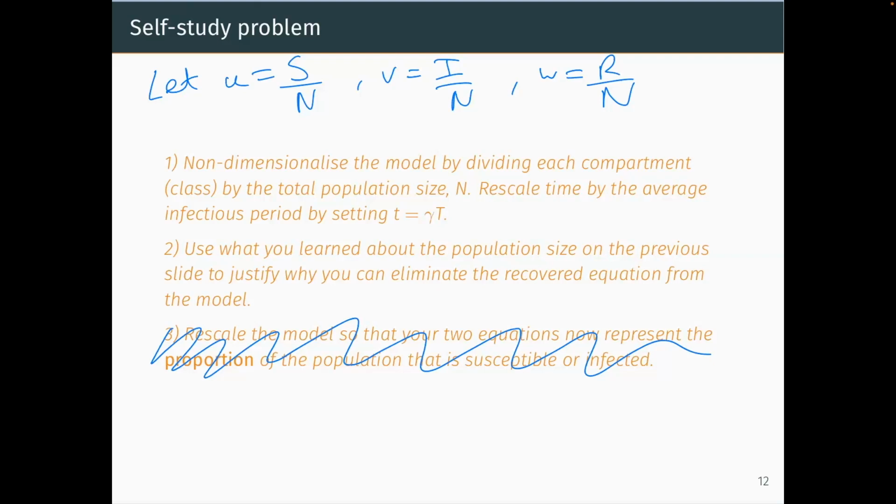But there, because we had two species, adding the two species together didn't make any sense really, except giving you the total number of individuals. These variables now will give us the proportion infected rather than the density infected, say. So have a go at that. You've got about 9 minutes. If you want to have a go at that, I can go through it at the end, or if we don't have time, I'll leave the notes online.